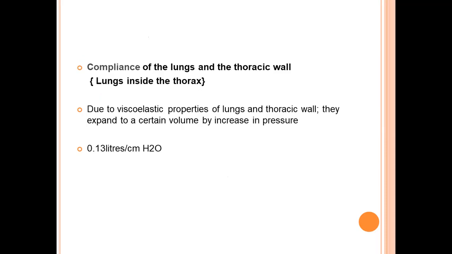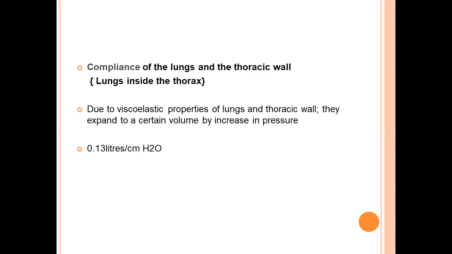If you have the compliance measurement of the lungs and the thoracic wall together, most of the time it is due to the viscous and elastic tissues present in the lungs and the thoracic wall. These anatomical structures are formed by elastic tissues and viscous tissues, and because they are expansive, these are the elastic properties of the lungs and thoracic wall.